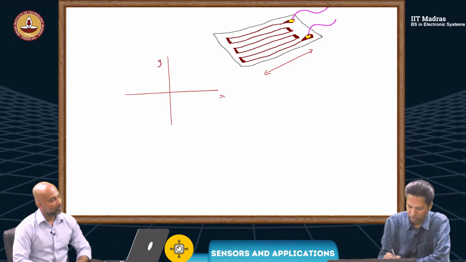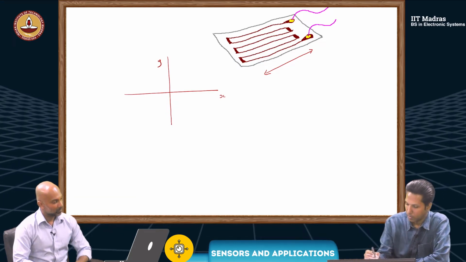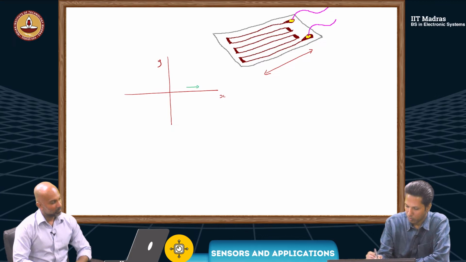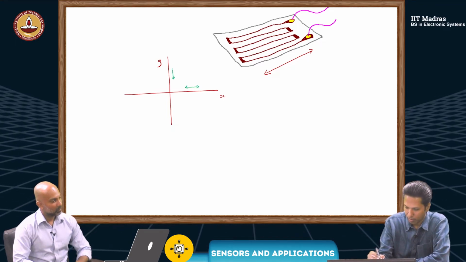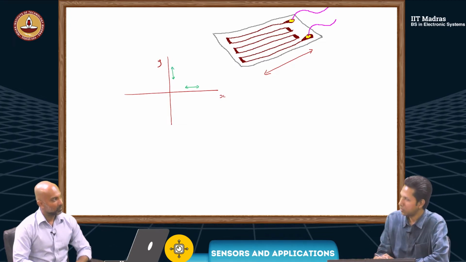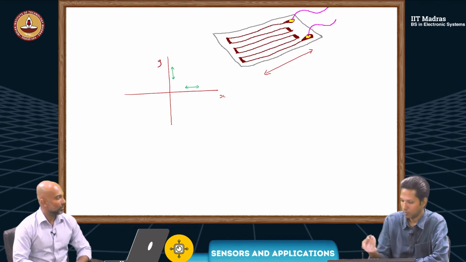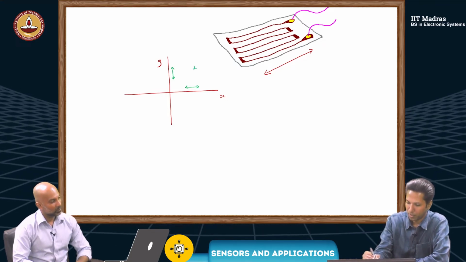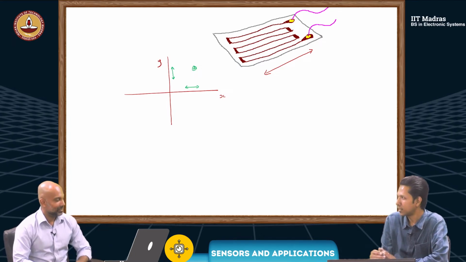If I have a strain gauge which is sensitive to X direction alone, and another one which is sensitive to Y direction alone, then it may be possible to resolve, right? Because as we know, a point here can be represented with X and Y. So something similar could be possible here.